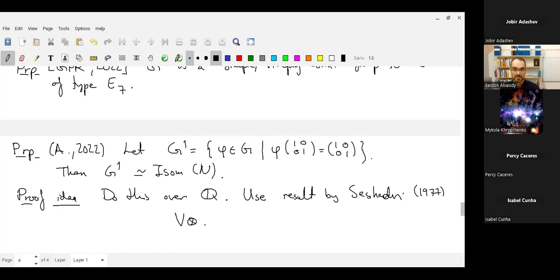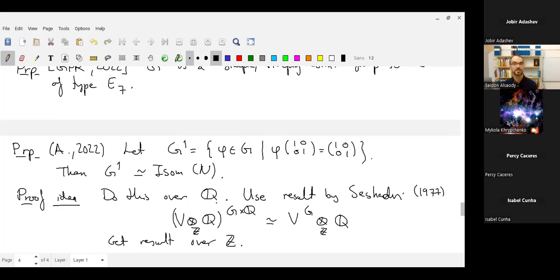If you have a representation of an algebraic group G over the integers and you tensor with Q and you look at fixed points, this is isomorphic to fixed points tensored by Q. This result is used frequently in Garibaldi, Petersson, and Racine, and using this, one can get the results over the integers from the result over Q. And once you've got the result over the integers, you're done because you can extend to any ring.